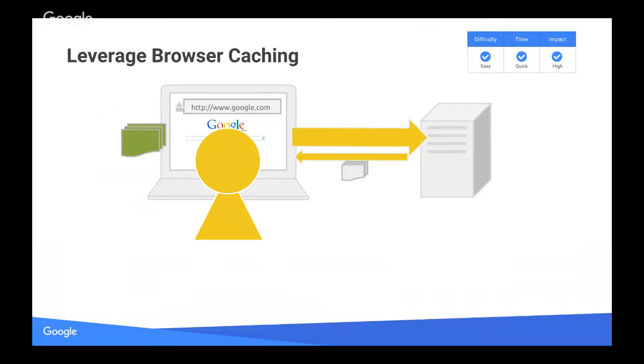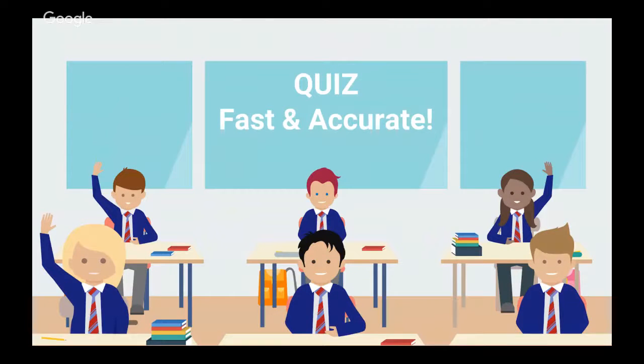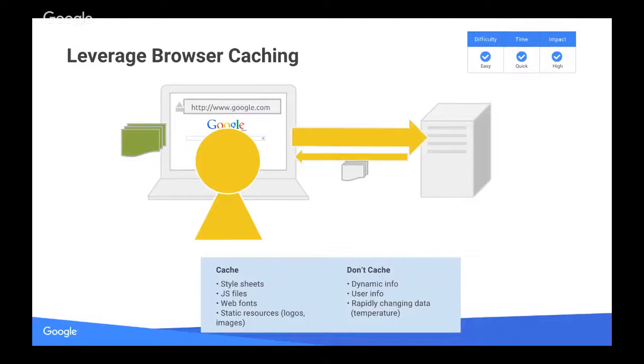As pages on your site share many resources, if you're already on one page, other pages on the same site should also load more quickly. And here is the list of things that we recommend you to cache or not to cache.